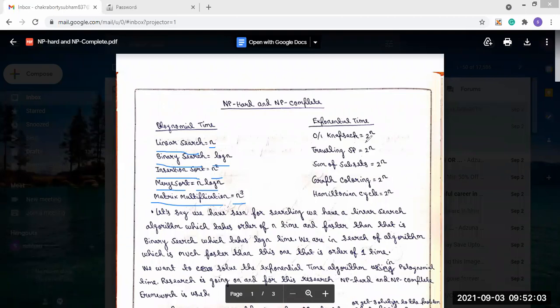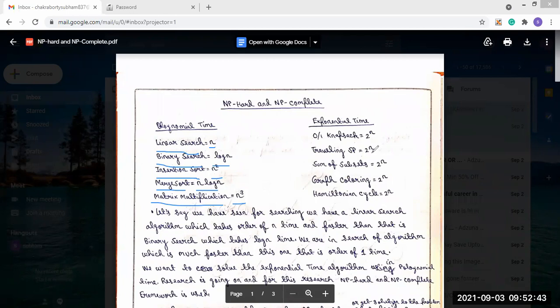Whereas the 0-1 knapsack problem takes 2 to the power n, that means exponential time. The exponential time can be 2 to the power n, or some constant to the power n, or n to the power n. That's why we call it an exponential time algorithm. The 0-1 knapsack, traveling salesperson, sum of subsets, graph coloring, and Hamiltonian cycle all take exponential time.